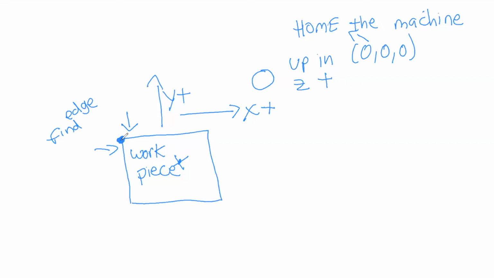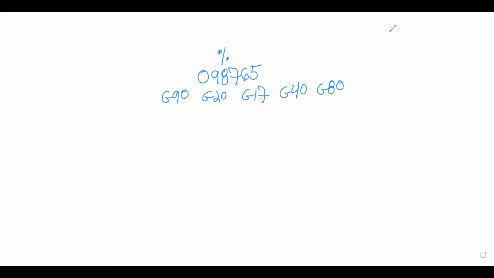And to do that, we need to call up a G code to tell the machine a new work coordinate system and a work 0 offset. So we have homed the machine, and now we need to tell the machine our new work coordinate system after we edge find our workpiece.